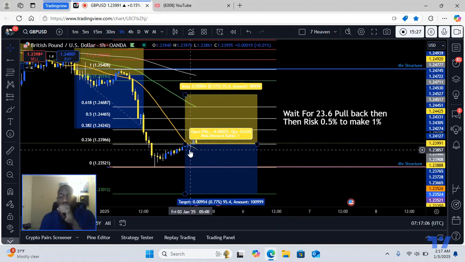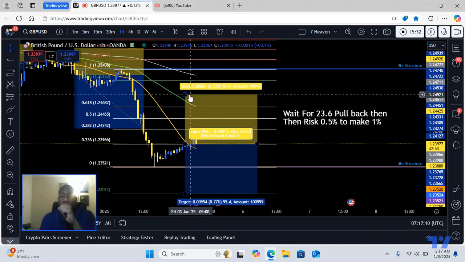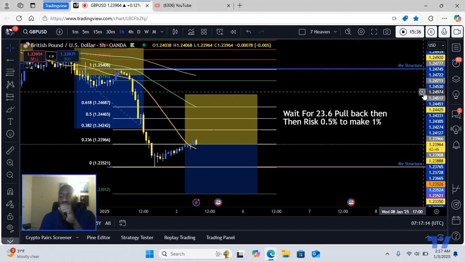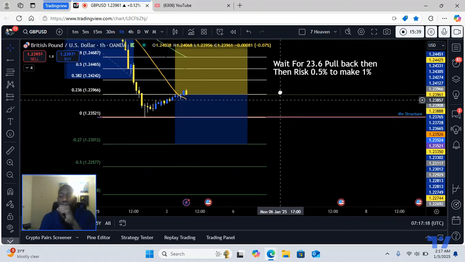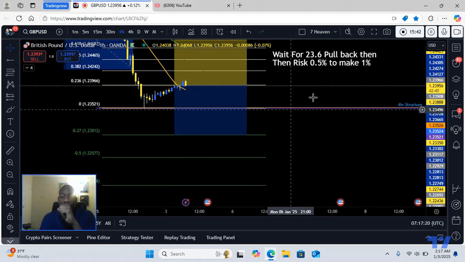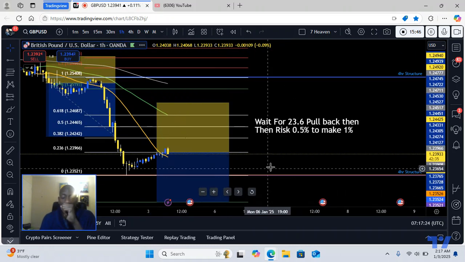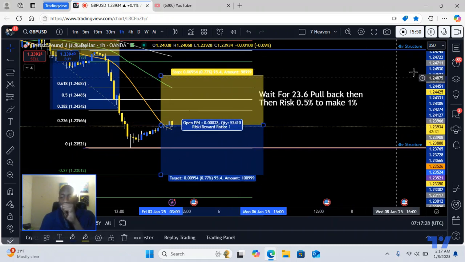So as long as price stays within this range over here and doesn't go past this level, then I'll not be deleted. If it hits this level right here, I'll be deleting my entry down here, right? But if it comes down, obviously I'll enter the trade.